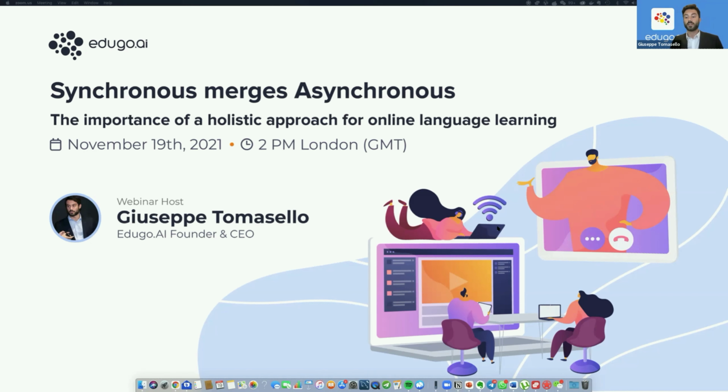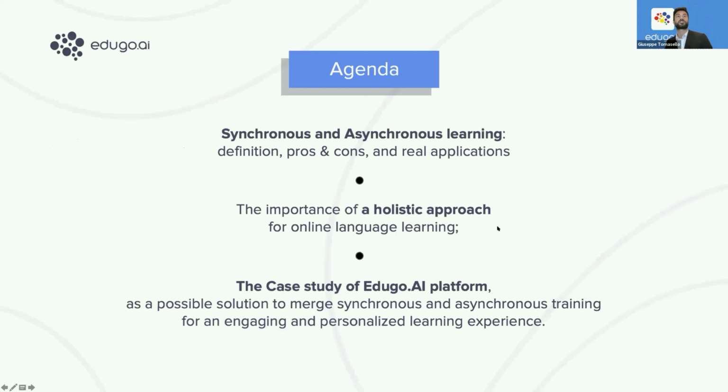Going to the slide, today's agenda: in the first place, we're going to give some definitions, for those of you who don't know what synchronous and asynchronous learning mean, and what the pros and cons are. Then we're going to introduce a model called the SAMR model, which is a model for integrating technology inside the online learning setting.